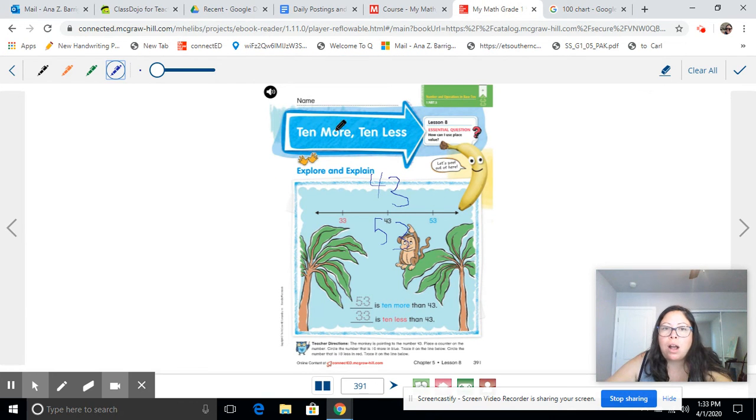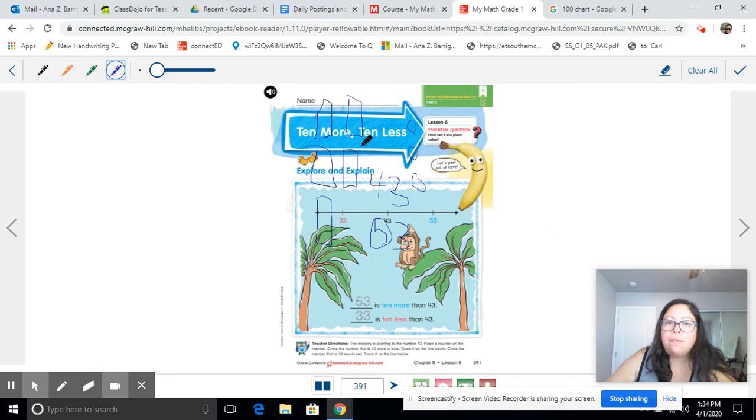So if I were to draw the tens place, a group of 10, so I have 1, 2, 3, 4, and then I add one more group of 10, that makes it 50, and then I have my ones here, 1, 2, 3.